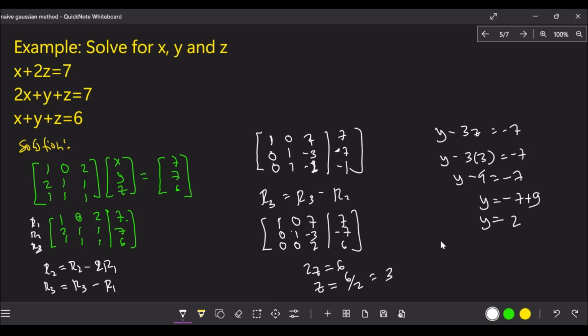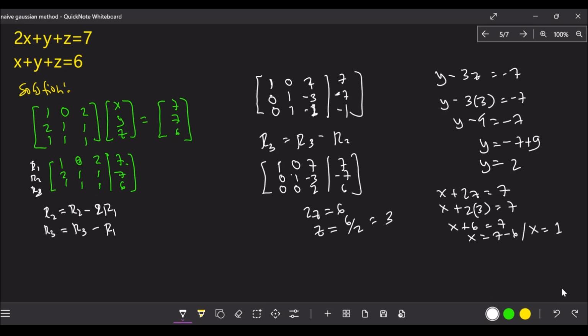And using equation 1, which is x plus 2z equals to 7. So we have x plus 2 times our z is 3 is equal to 7. So we have x plus 6 is equals to 7. So x is equals to 7 minus 6. So our x is equals to 1.